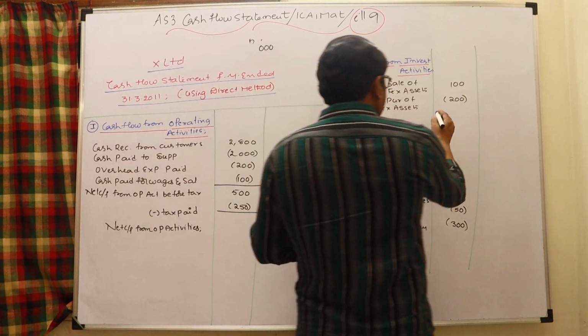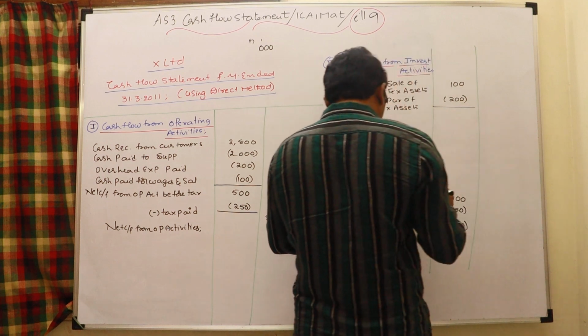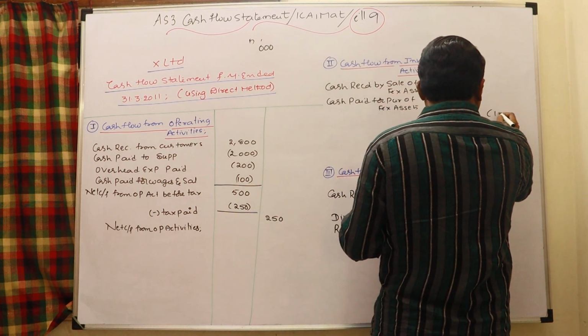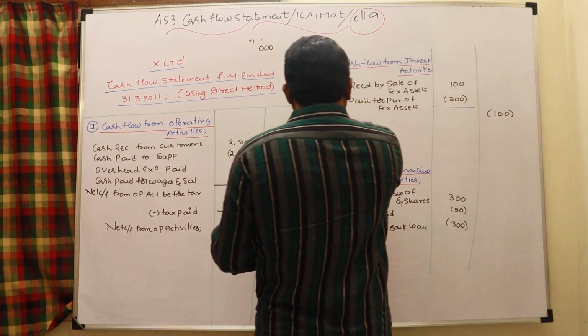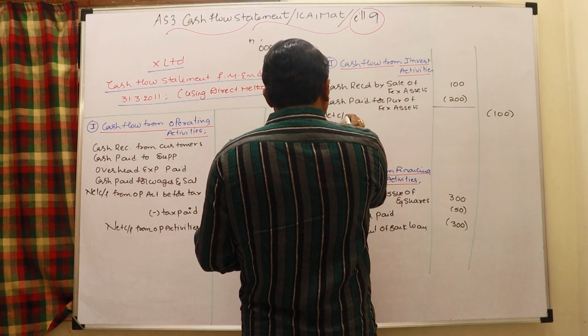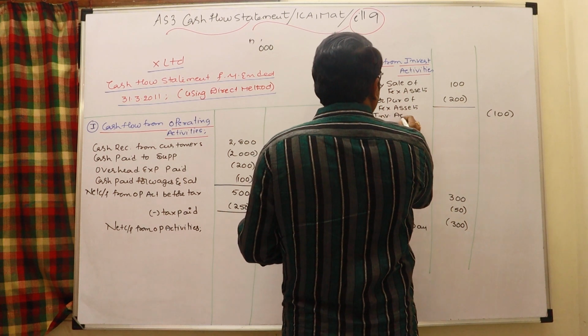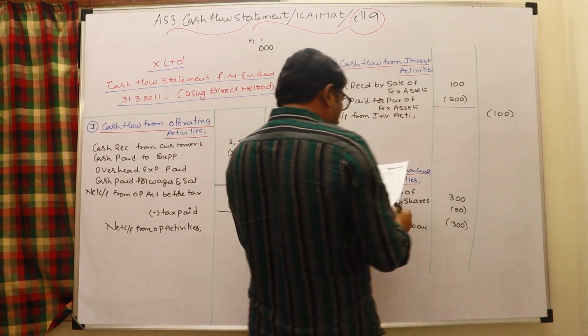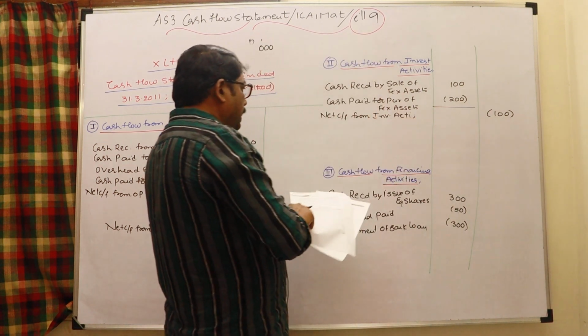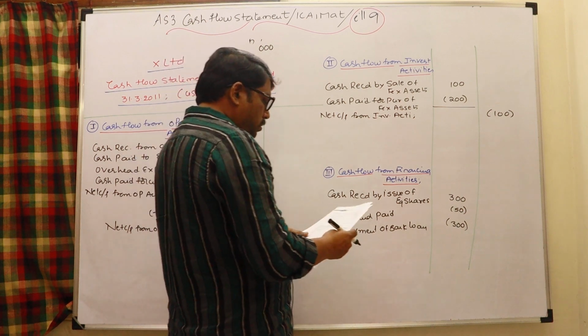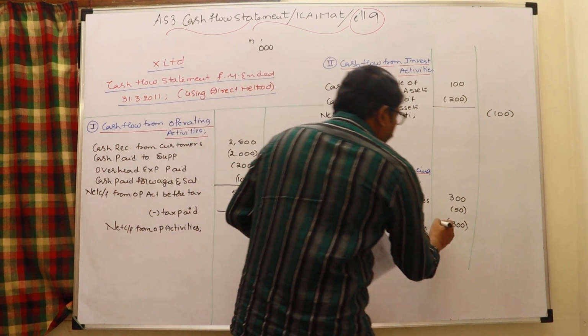Come back to the investing activities: 100 inflow, 200 outflow, net outflow 100. This is net cash flow from investing activities, 100 outflow. And come back to the third one, 50 outflow.